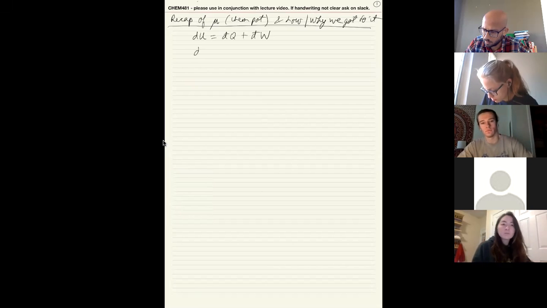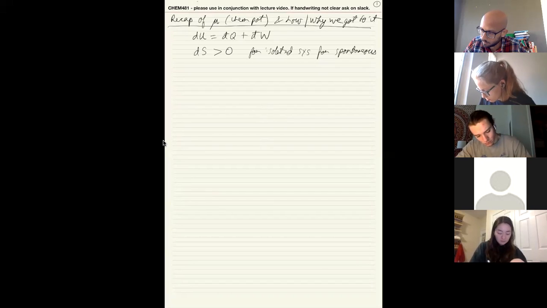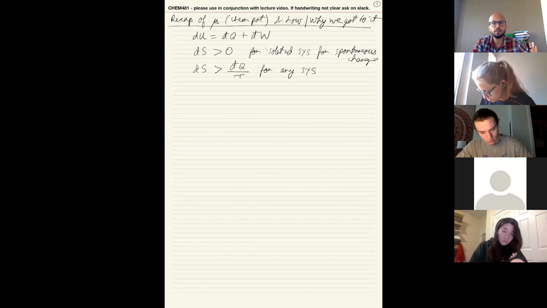The second law said that dS is more than 0 for an isolated system for spontaneous change, and dS is more than dq by T for any system if it's not isolated. So you can see for any system, if you make it isolated, then of course dq goes to 0 and you recover the first formula.